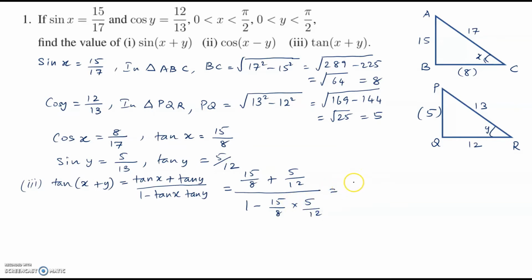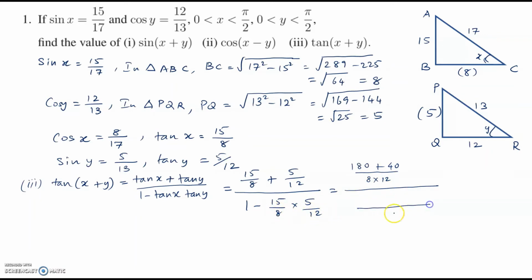So simplifying this further, in the numerator, 8 into 12, this becomes 180 plus 40 divided by, again, making 8 into 12 as the common denominator.